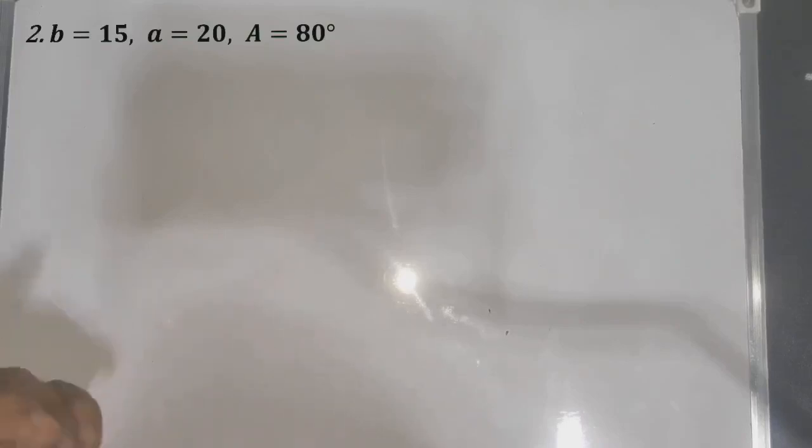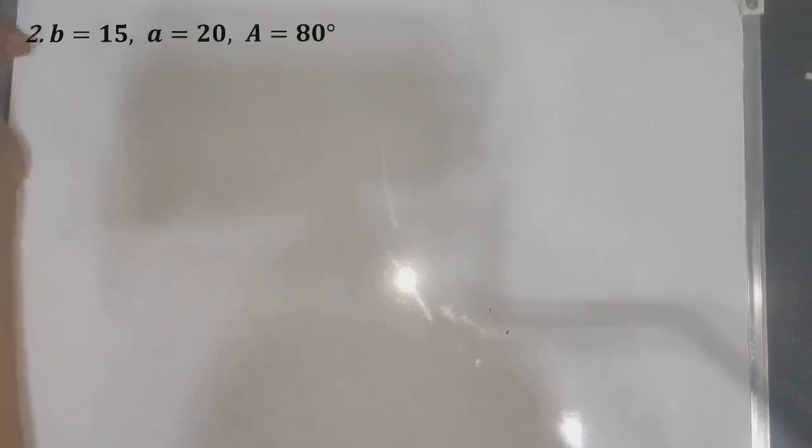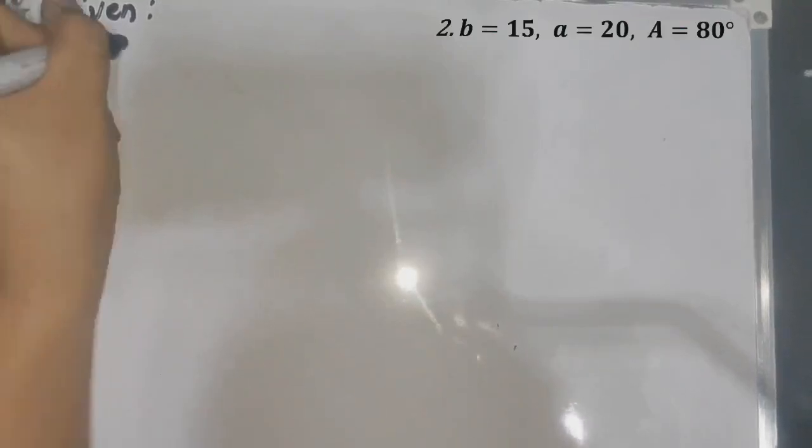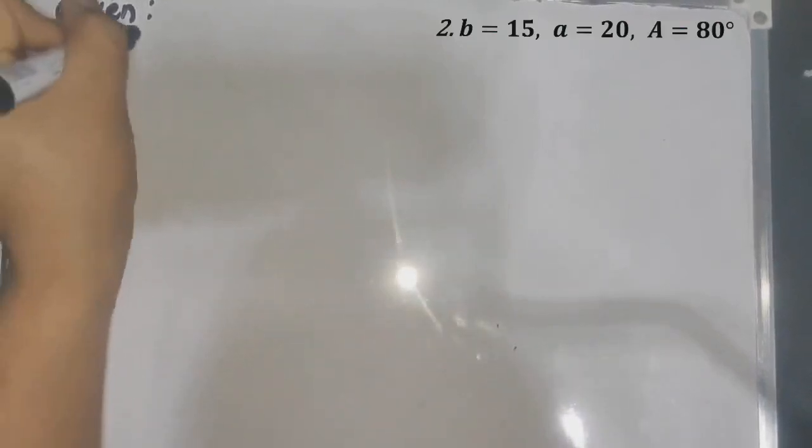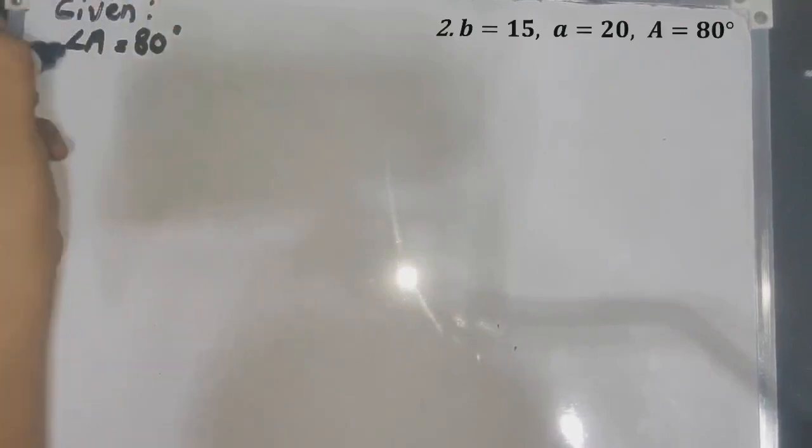Okay, example letter B. So, B is equal to 15, or side B is equal to 15, side A is 20, and angle A is 80 degrees. So, again, para mas madali nating ma-identify kung ano yung mga kailangan nating isolve. So, ganito natin isusulat yung given natin. Una muna is angle A. Ang value ng angle A natin is 80 degrees.